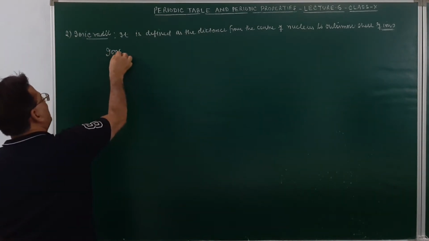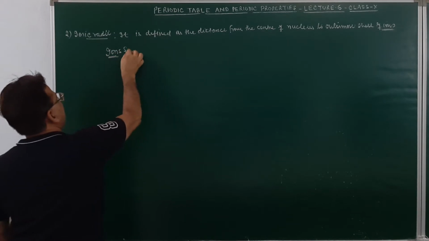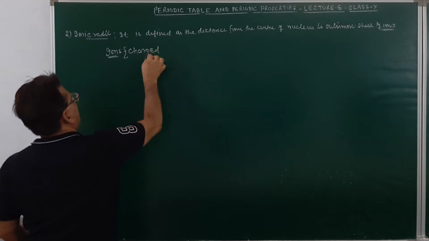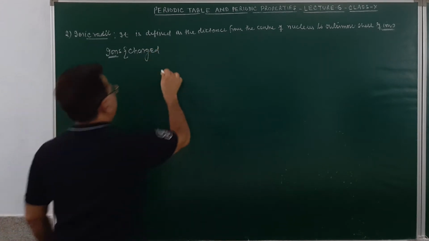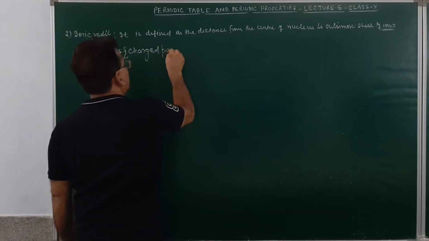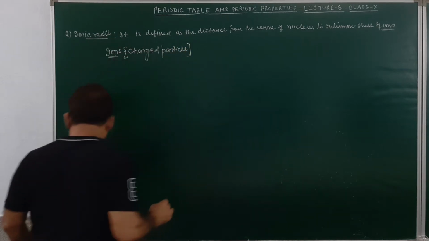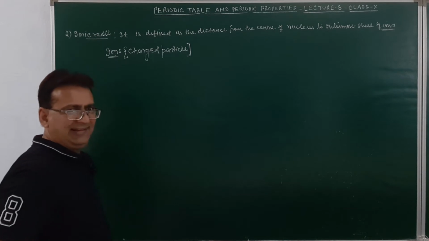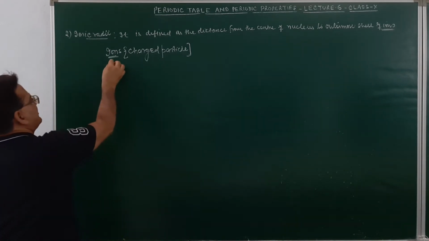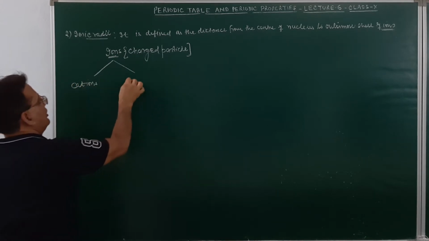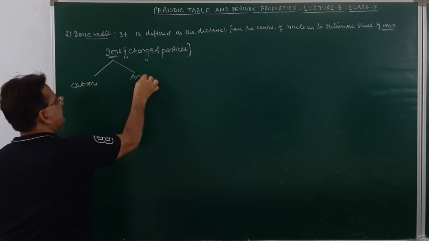Students, we all know ions are charged particles. Now, the ions can either be cations or anions.